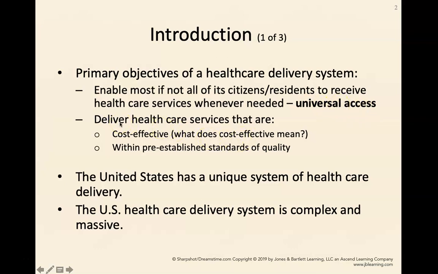The second most important objective of a healthcare delivery system is in terms of how you deliver these healthcare services. That means these healthcare services should be cost effective. What does cost effective mean? Well, the best way to explain this is to give you an example. Let's say, for instance, any cancer screening, say a mammogram.